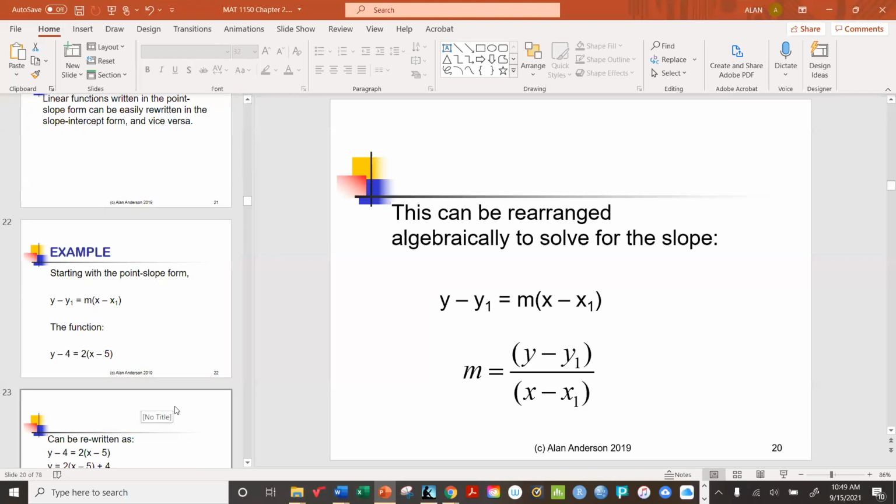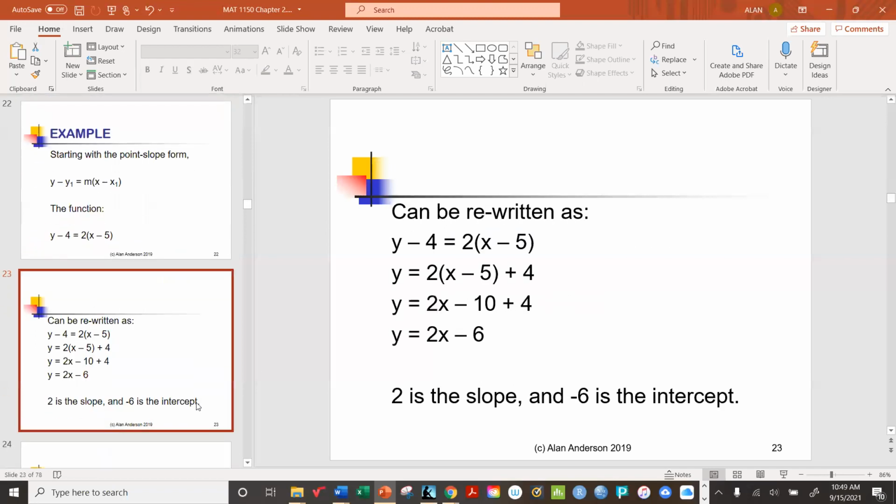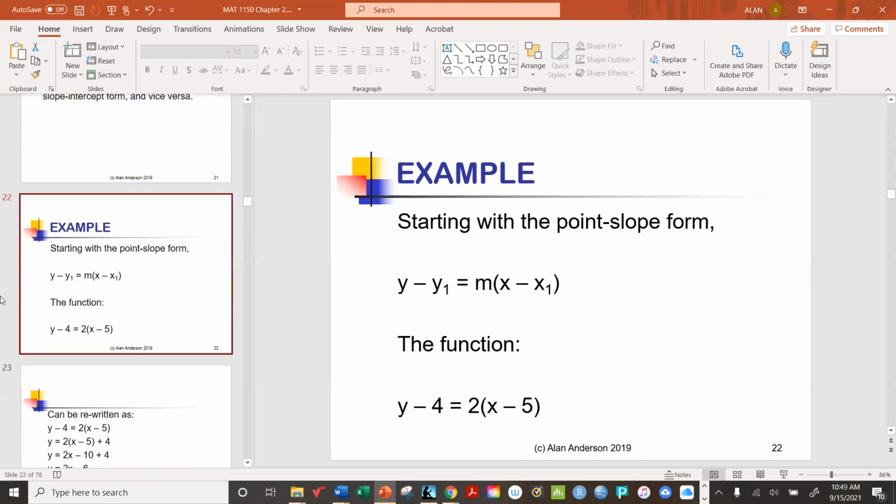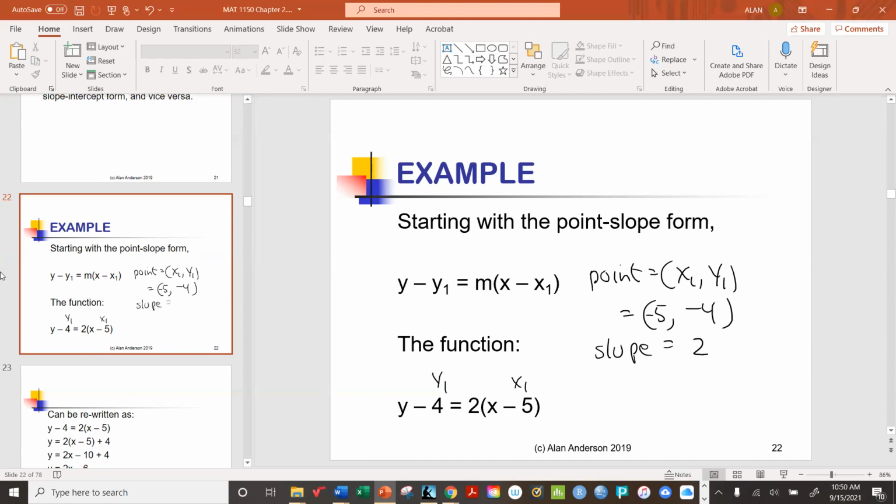So let's say our example is this: y minus 4 equals 2 times x minus 5. So this is implicitly y1, and this is x1, which means the point that we know is -5, -4. And the slope, as you can plainly see, is 2.